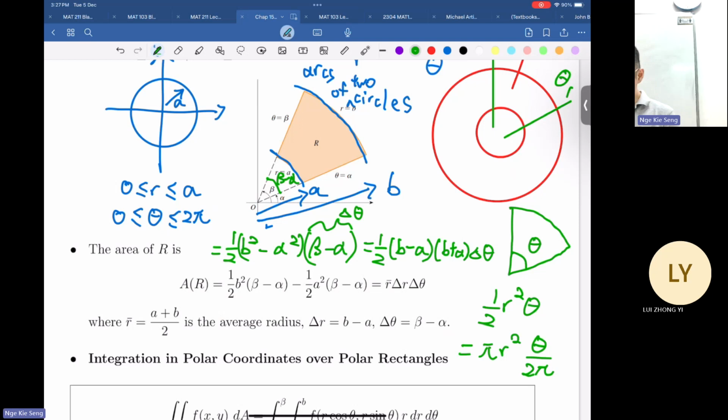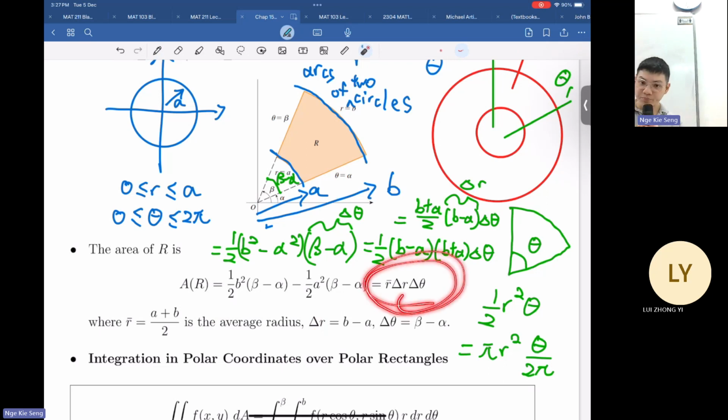Then we combine b plus a over 2 together, and b minus a together, and then delta theta. So what is b minus a? b is the outer radius, a is the inner radius here, so b minus a becomes a change in radius. We make it delta r. And b plus a over 2 we make it r bar, which is what we call the average radius.